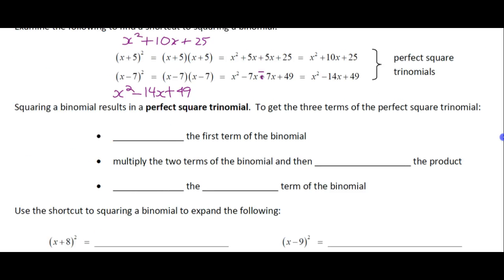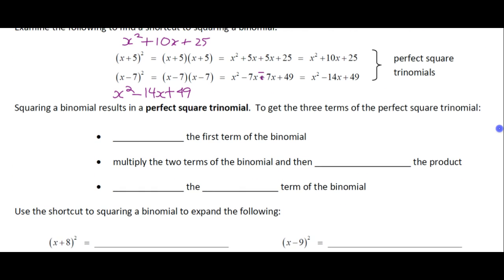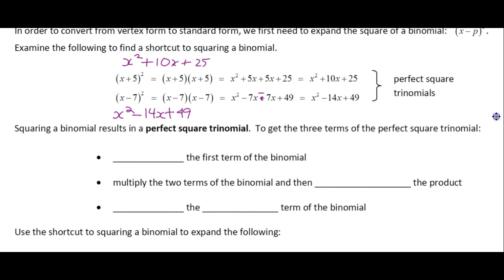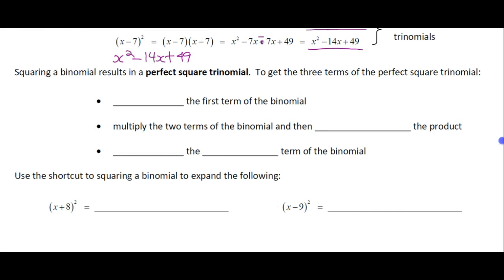Good. Squaring a binomial results in a perfect square trinomial. So these guys here are called perfect square trinomials. To get the 3 terms of the perfect square trinomial, you square the first term. So we just went through this.